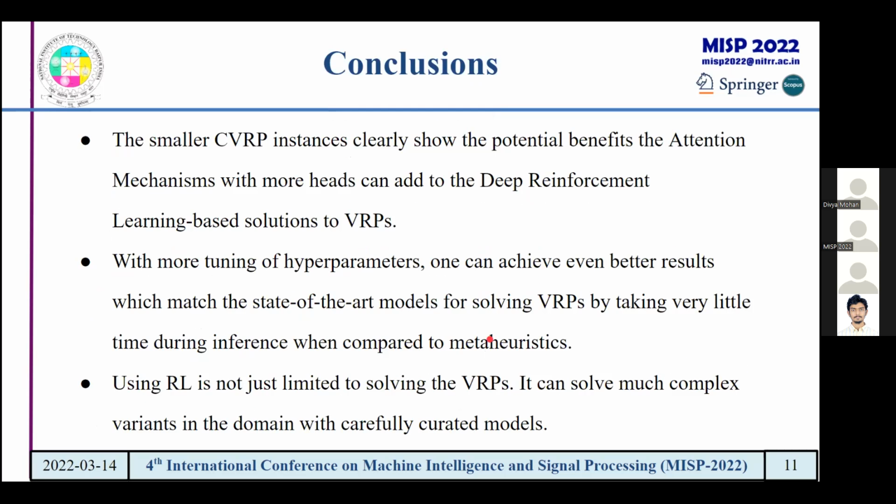And I'd like to also call out the scope of the models here. It can easily be extended to other more complicated, more constrained versions of the vehicle routing problem, such as the vehicle routing problem with time windows and capacities. In the time windows case, it can be extended just by redefining the reward function. So the more time the vehicle takes to get to the node, the less reward it gets.